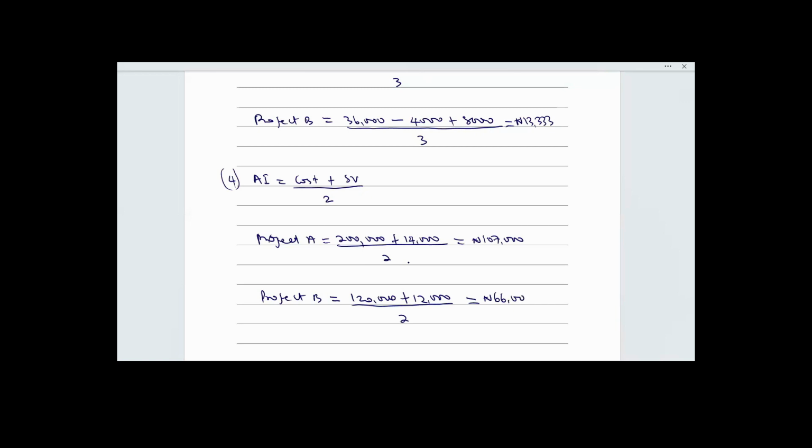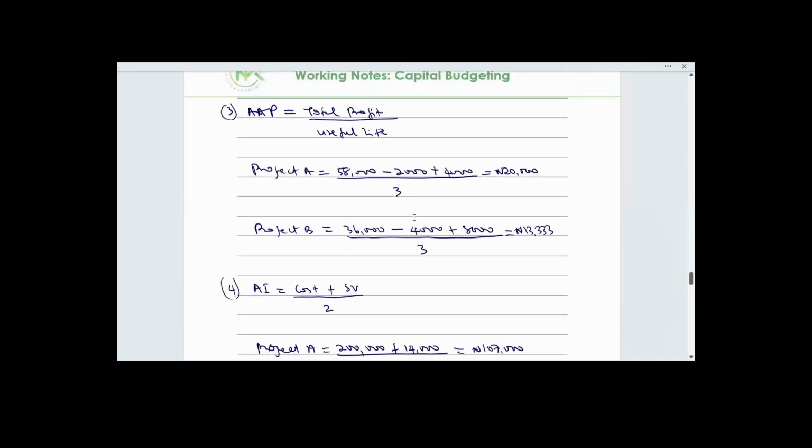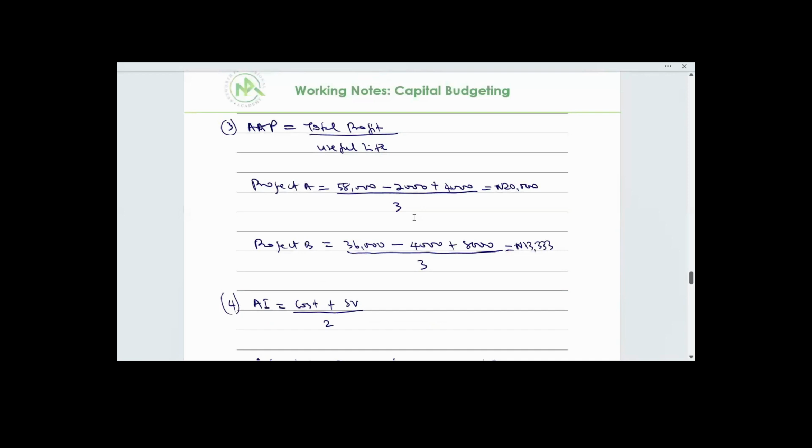Therefore, I can go up there and determine my accounting rate of return because I have average annual profits and I also have average investment. So for project A, average annual profit is 20,000 naira.